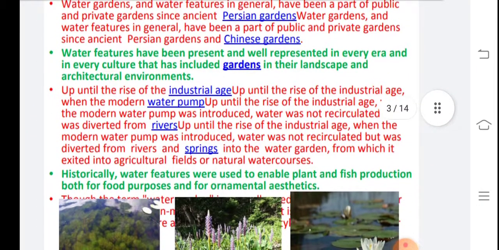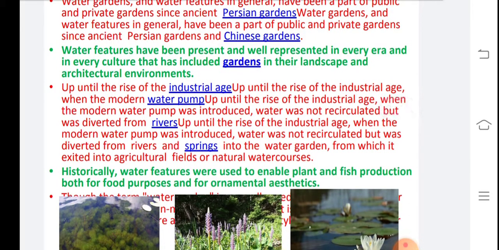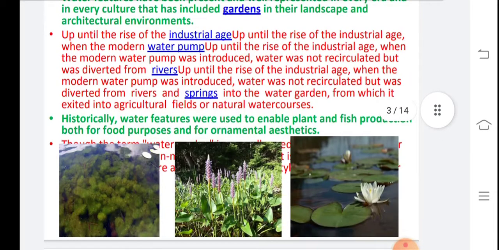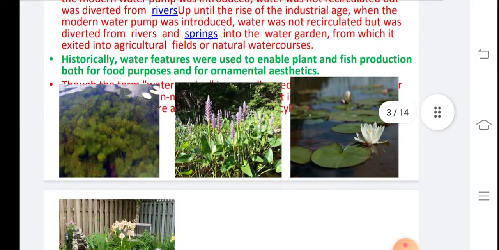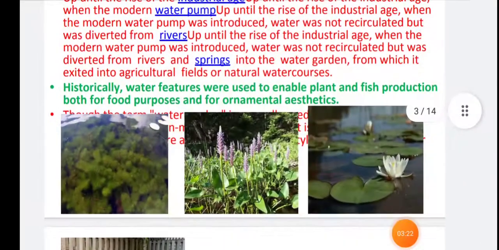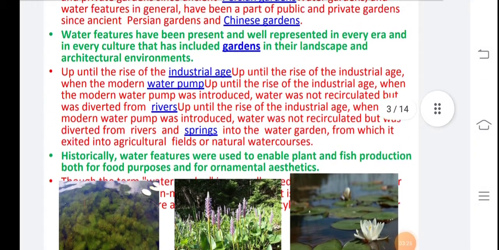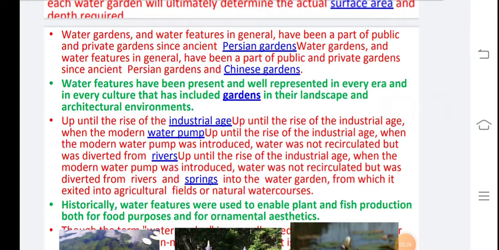Then, regarding the different features of the water garden, generally the landscape is important, right? In relation to this, we have to select the areas, for the water pumps generally. These are important. Rivers are there.